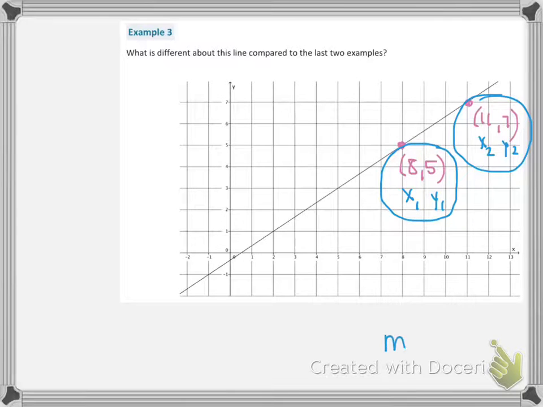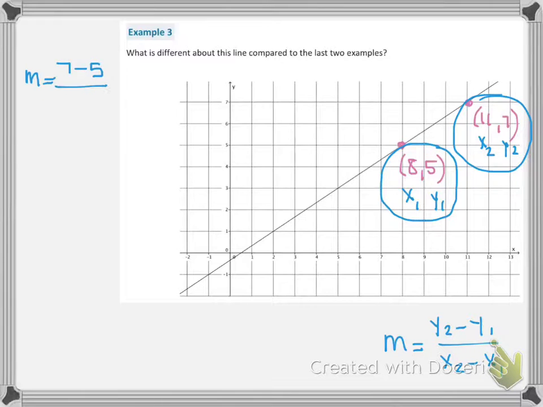I'm going to use slope equals y2 minus y1 over x2 minus x1. I'll plug that in the way we have it now in the blue, and then I'll switch them around, and you'll see we get the same slope. So y2 is 7, so m equals 7 minus my y1, which is 5.